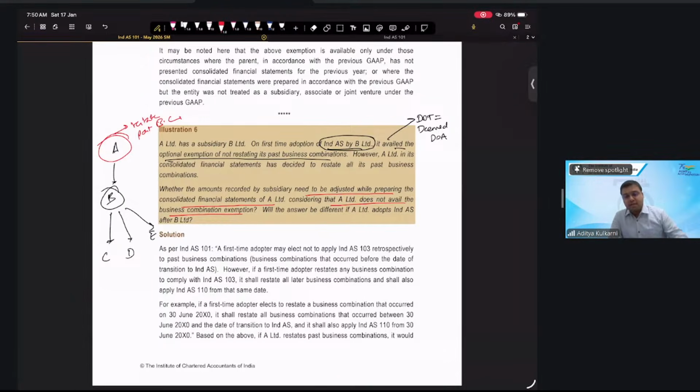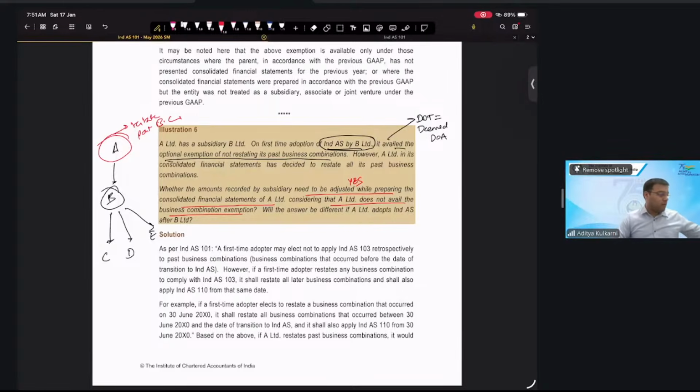The answer is no. But when A does its corporate filings, B's consolidated financials will have a retrospective restatement of C, D, and E. Are we okay with this? Yes. Whether amounts recorded need to be adjusted? The answer is yes. It needs to be adjusted.